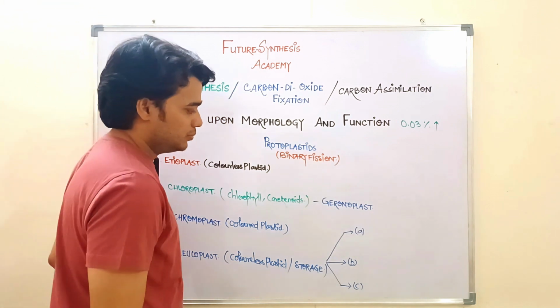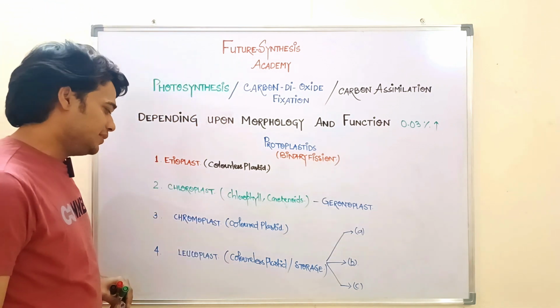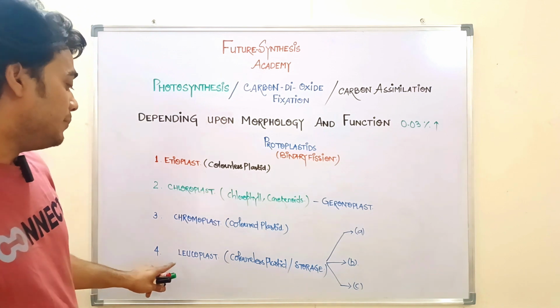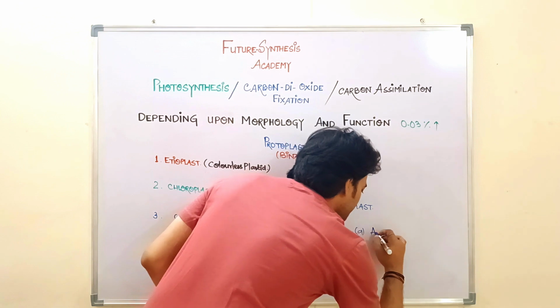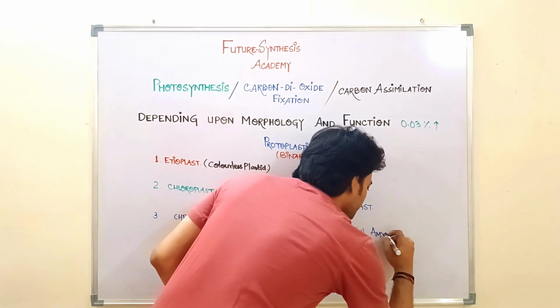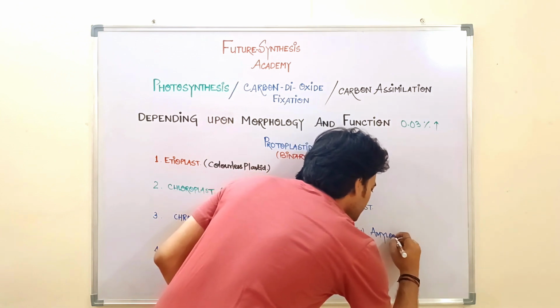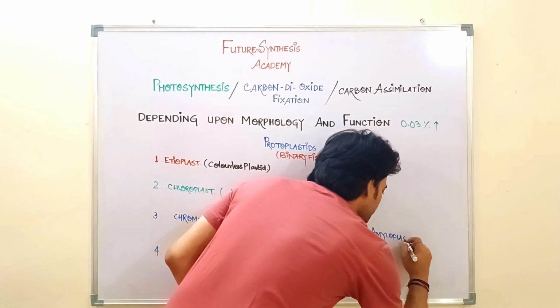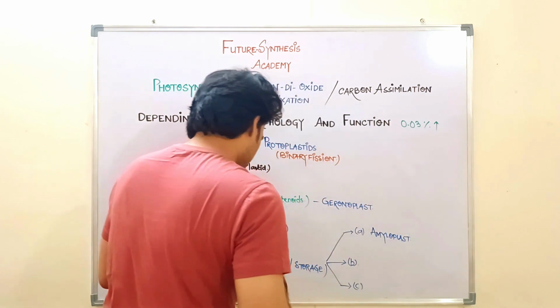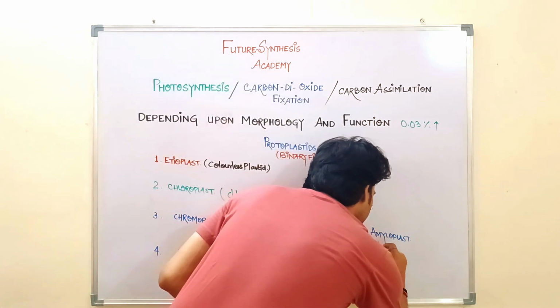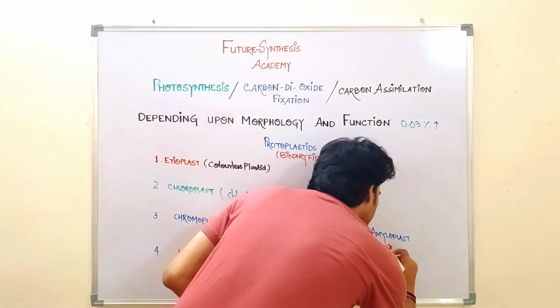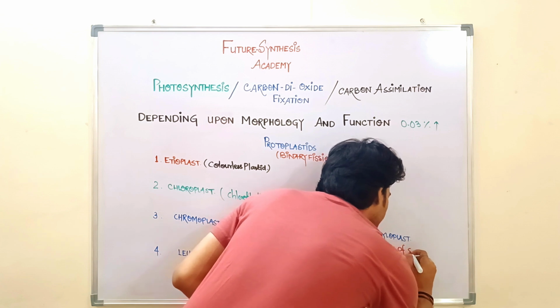Now, the three types of plastid related to the leucoplast. The first is the amyloplast, where storage of starch happens.